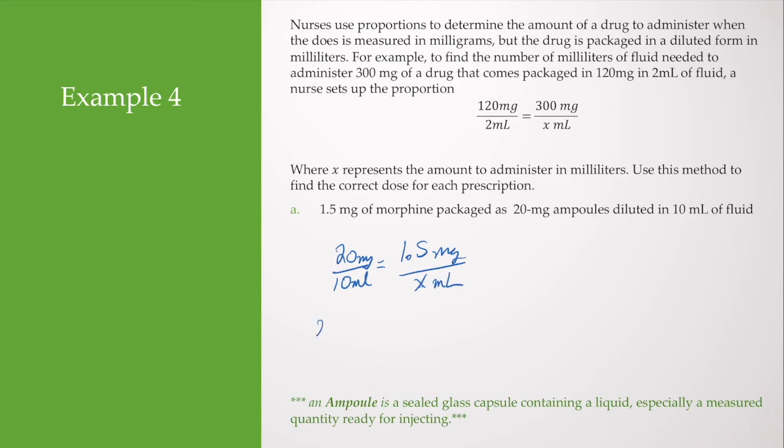I've got 20 milligrams times x milliliters is 15, because 10 times 1.5 is 15 milligram milliliters. Divide that by 20 milligrams. And I'm left with x is 0.75 or 3/4, but this one we can put in a decimal because we're using medicine, milliliters.